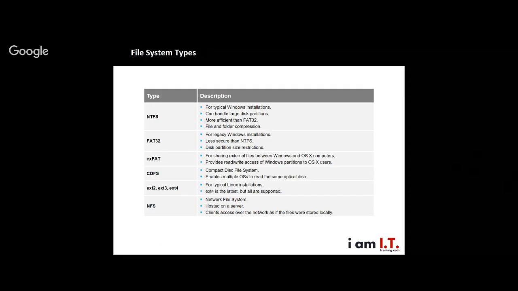A file allocation table file system is not secure. It's limited by pretty much everything: size, partitions, all kinds of stuff. And you literally can't have a partition that's bigger than 2 gigs if you're on just a FAT file system, which means if you want to have a normal size partition, it's automatically going to upgrade to FAT32.